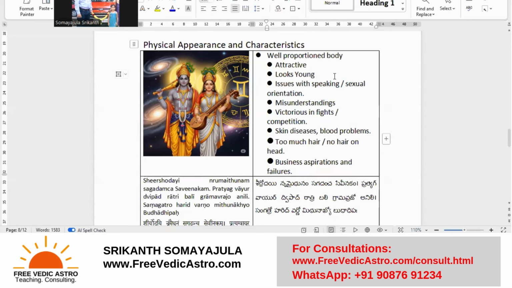How does Mercury work? The more peaceful the land is, if you don't have a war happening, and if the Raja or the king is idle and only facilitates people's peace, then there will be more business happening, right?